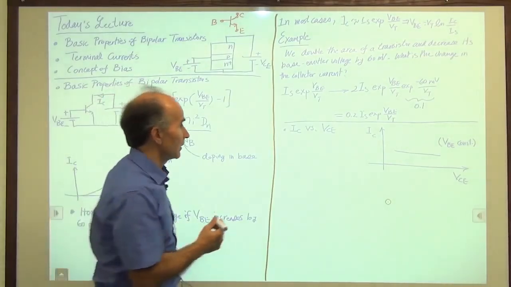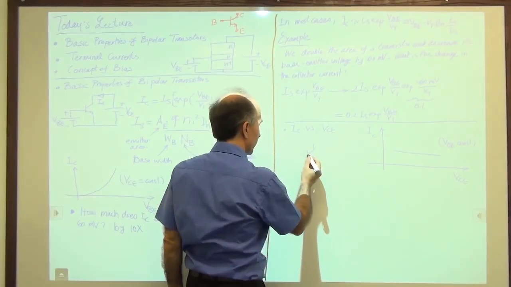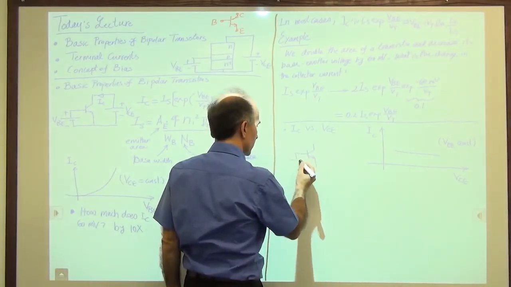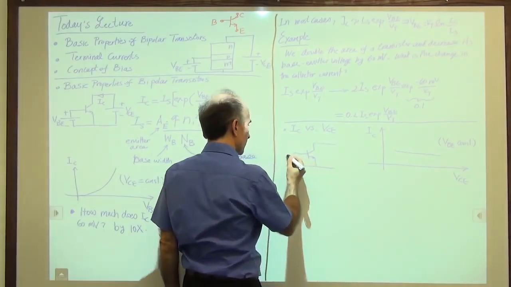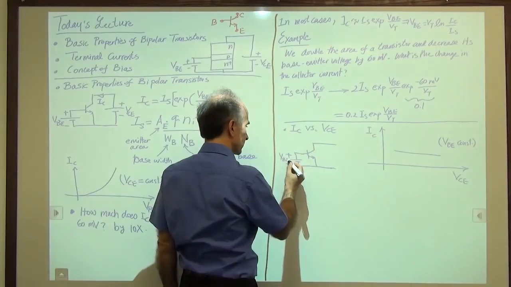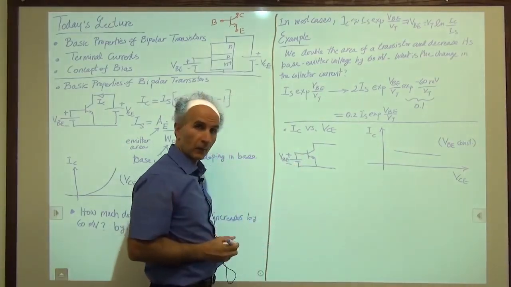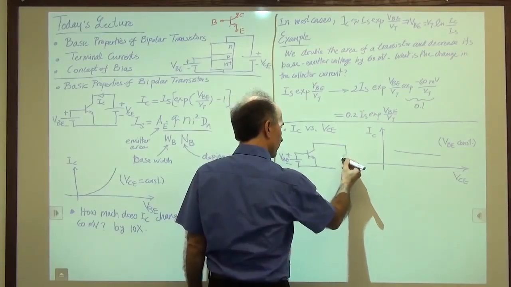Okay, so let's draw that circuit again and see what we have obtained so far. Here's what we have. We have a constant base emitter voltage, as I said before, and we applied a variable voltage.